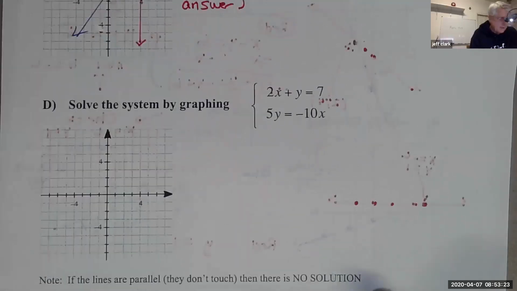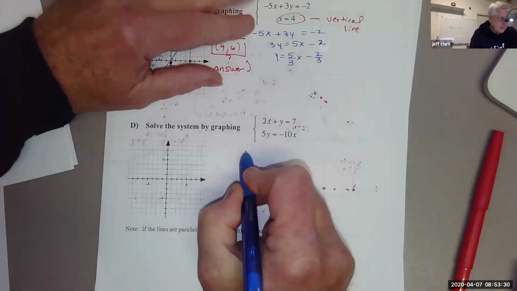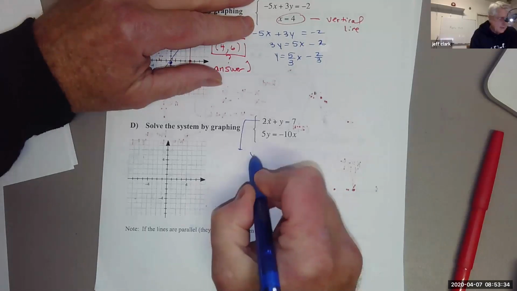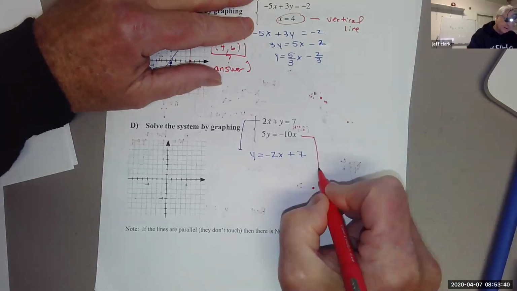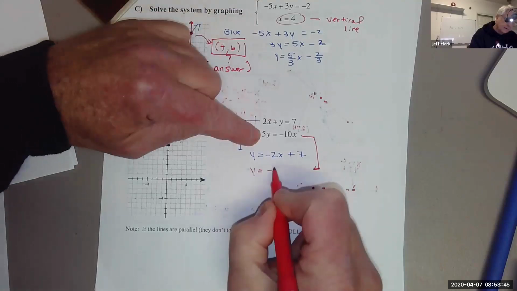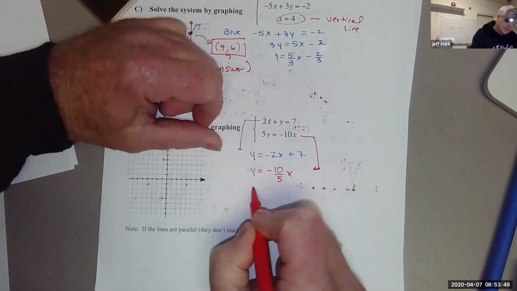Okay, this one here, solve for y. So this one here, if I solve for y, which is the same as y equals -2x.